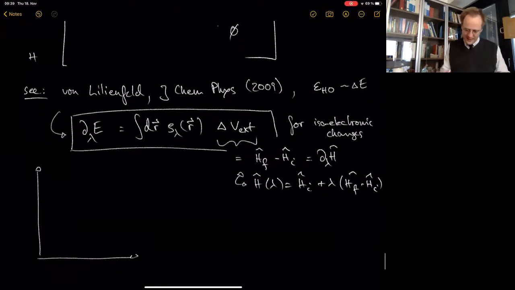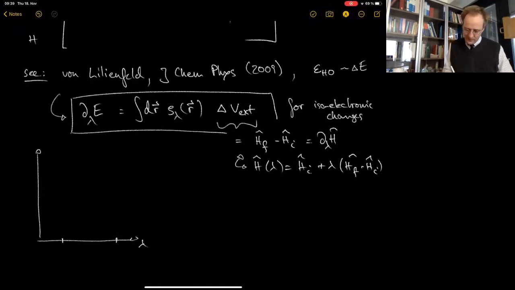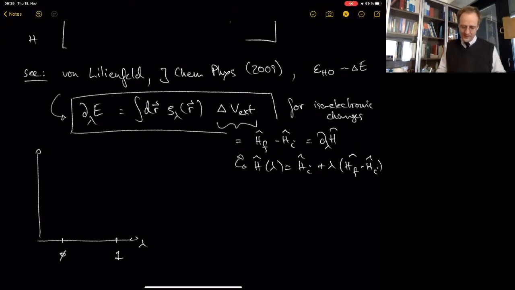So you can see in that paper, for lambda going from 0 to 1, right? The examples where you can see what the shape really looks like, right? For such a property. For example, in terms of HOMO eigenvalue, the molecule HF has a HOMO eigenvalue.